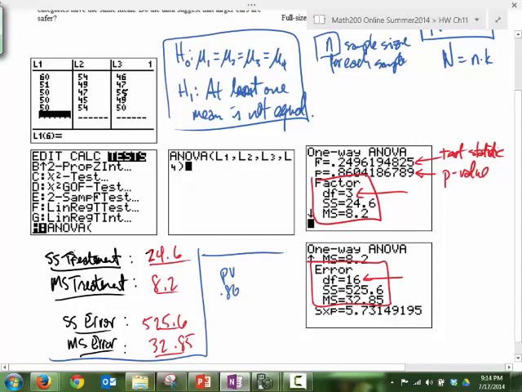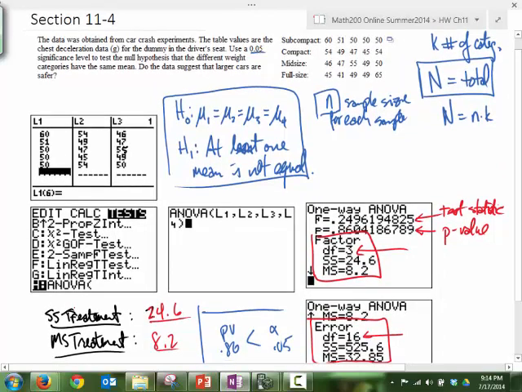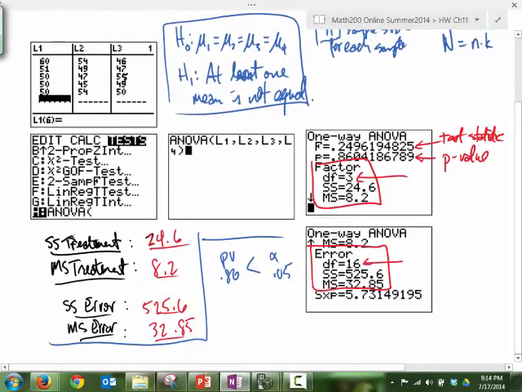That's very large compared to any alpha that we would have chosen. I think the alpha here is 0.05. Use a 0.05 significance level to test a claim, and oops, I drew this the wrong way. This is bigger than or equal to our significance level. So what's our conclusion?